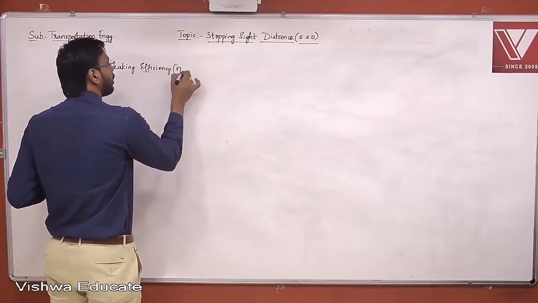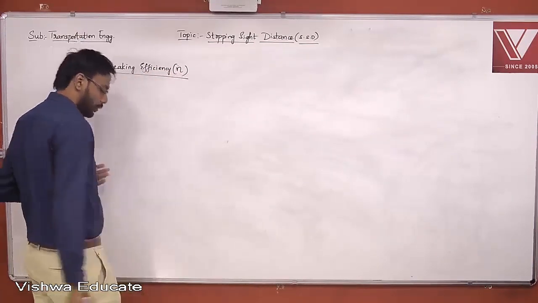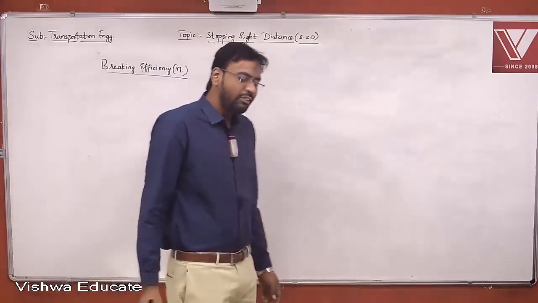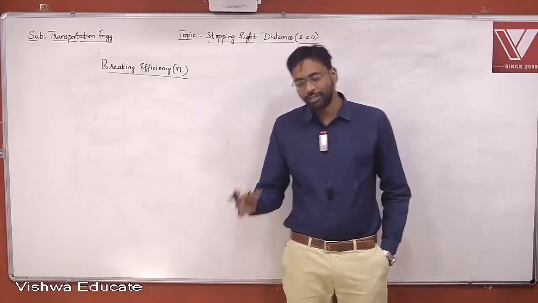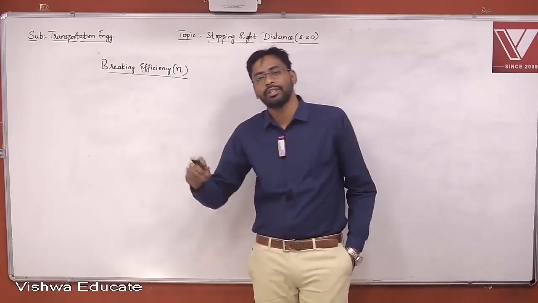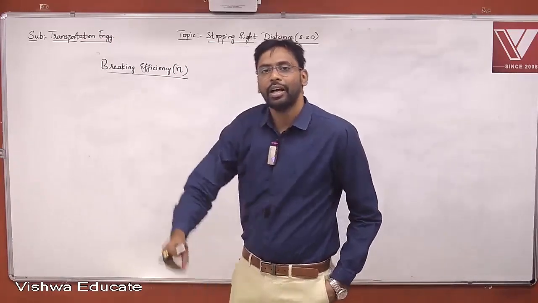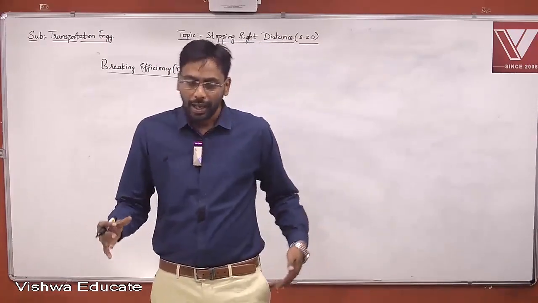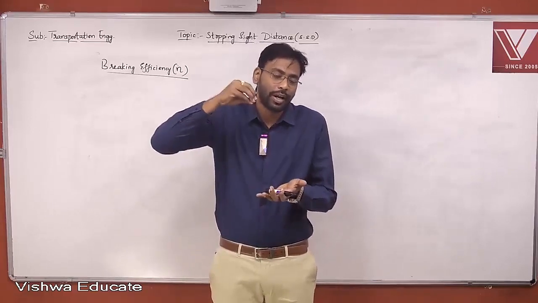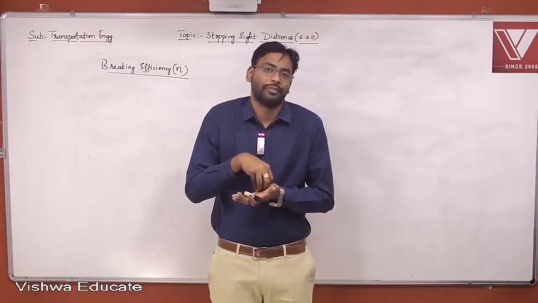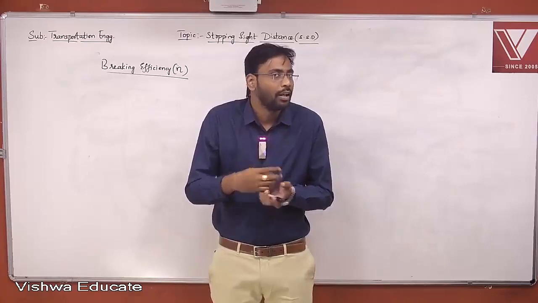Let us say it is indicated with eta, braking efficiency. Now we won't have a braking efficiency of 100%. If the braking efficiency is 100%, that means your brakes are working perfectly, and if you apply the brakes, the vehicle stops right there itself. Does it happen? No, right?